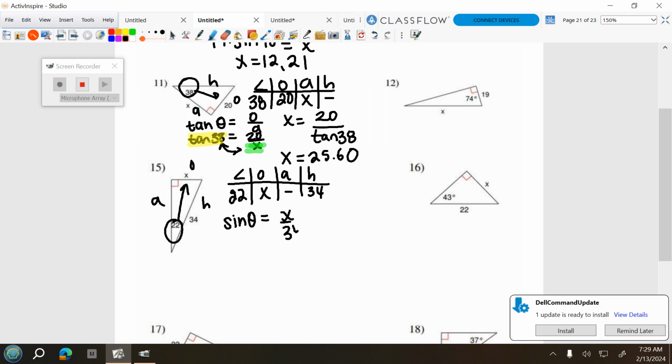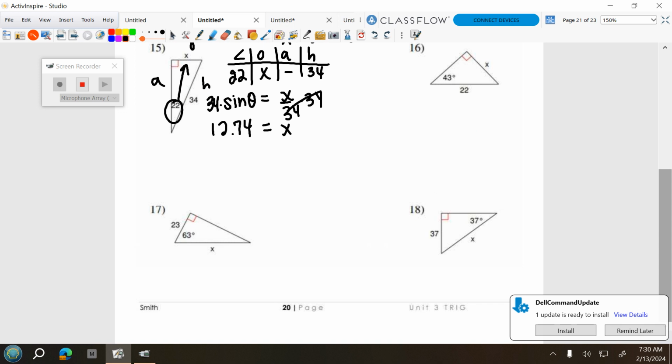Multiply 34 on both sides. x equals 34 sine of the angle, and we get 12.74. So pretty easy stuff.